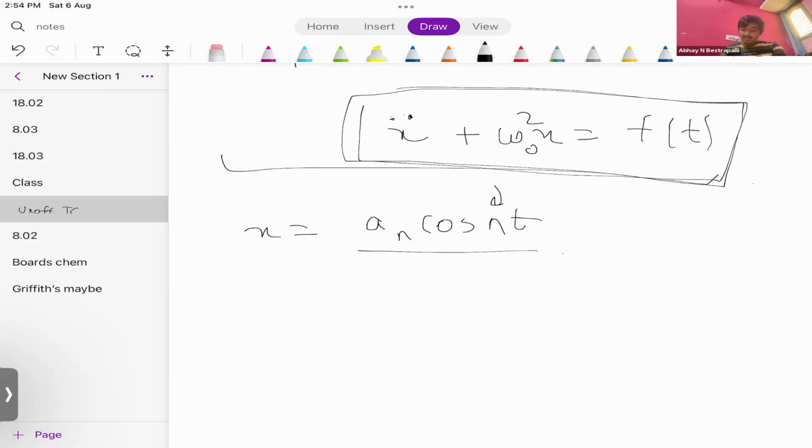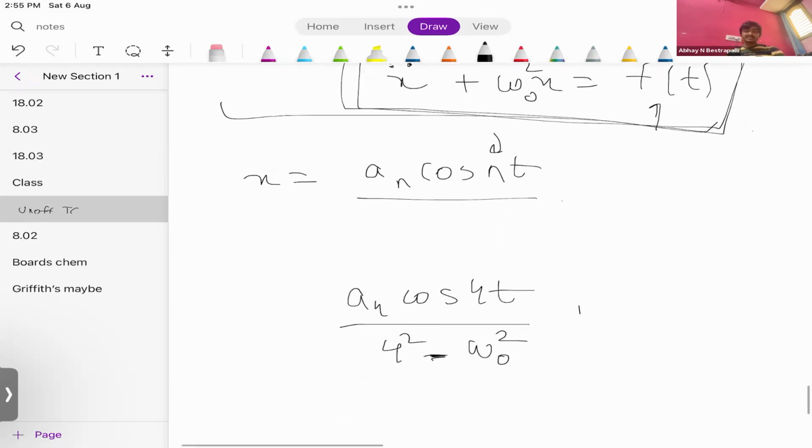Okay, and the solution for this differential equation is found for each cos term. So let's say you have a certain cos term, cos 4t, and you have A4. We found out A4 because we know f(t). Then the solution for that particular part would be A4 cos 4t. We know A4, it's a constant, but know that it's a constant that we have found out, divided by 4 squared minus omega naught squared, right?